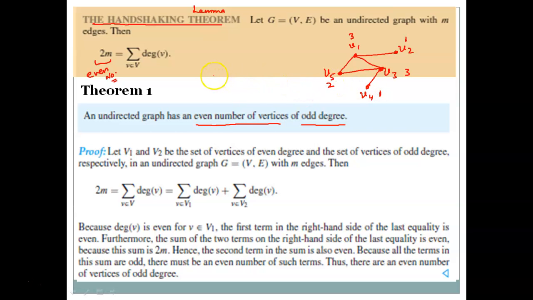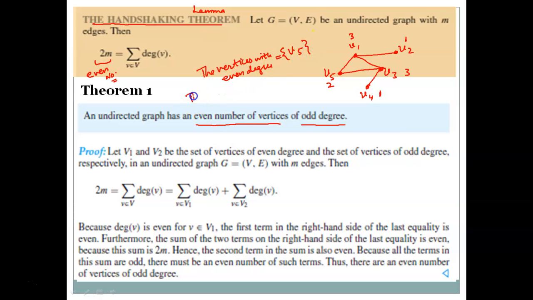So now you tell me, what are the vertices whose degree is even? Here v5, its degree is even, that is 2. Means only one vertex is of even degree.